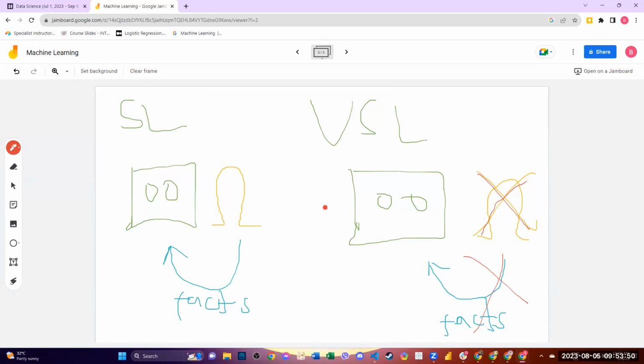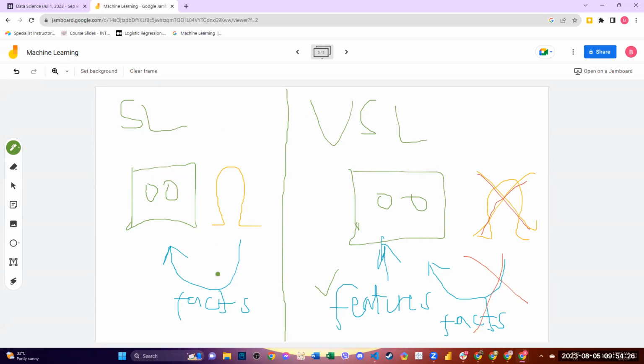The only thing that the robot is getting is features. So that's the only thing that the robot knows, features. So that is the difference between supervised learning and unsupervised learning.